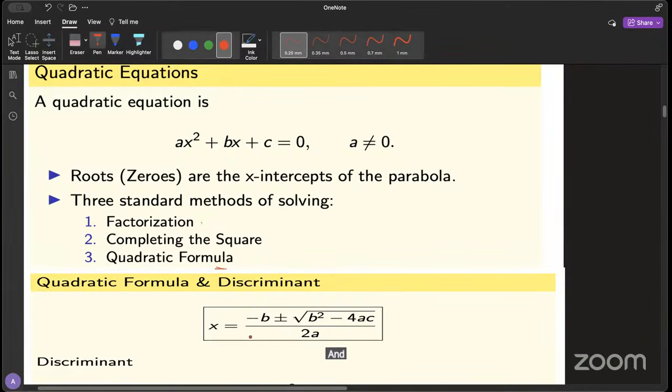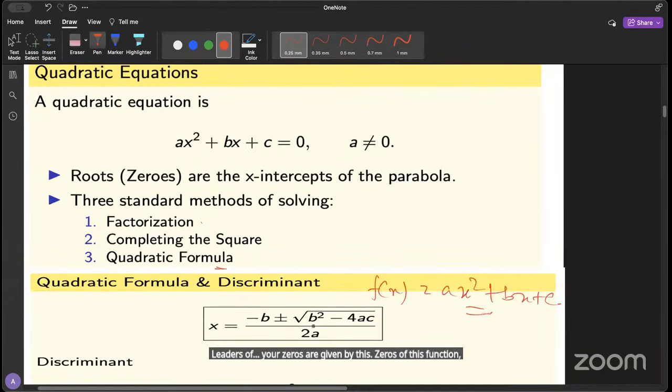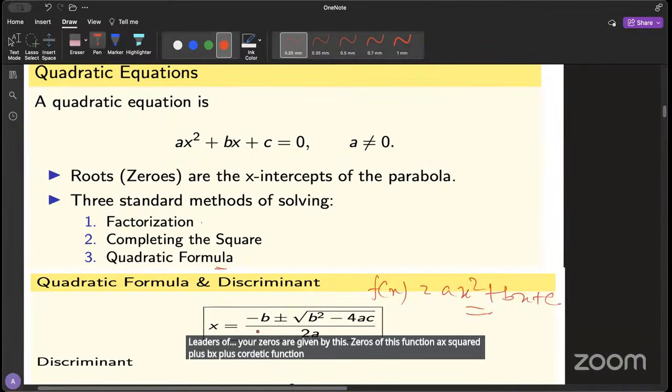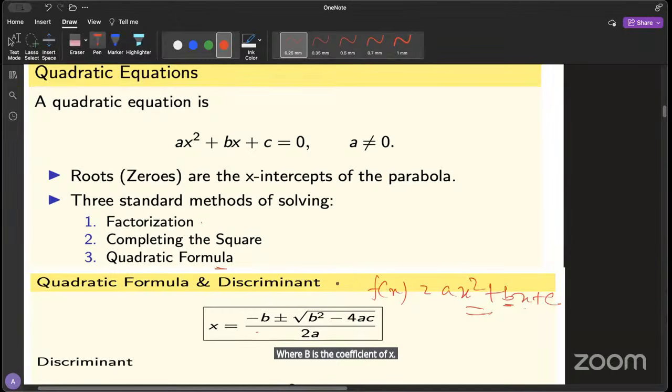If your function is f(x) equals ax square plus bx plus c, then the zeros of this quadratic function are given by minus b, where b is the coefficient of x, and so on. So this is the formula, right?